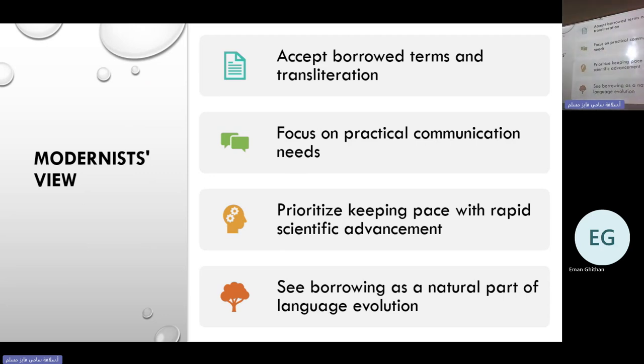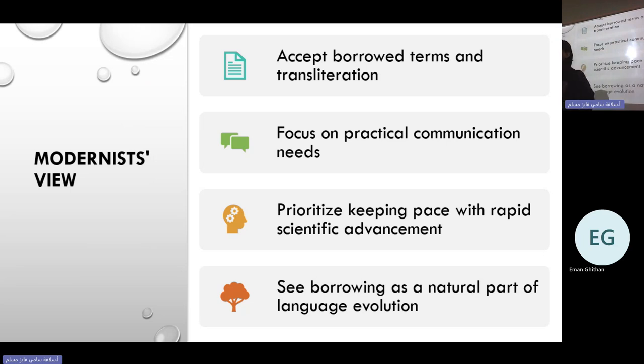On the other side, the modernists accept borrowed terms and transliteration. They focus on the practicality of communicating. You know what computer means? That's it. I don't need to use another term. They prioritize keeping pace with rapid scientific advancement. Why? Because science develops very fast. That's why there are always new words that enter the scientific community.